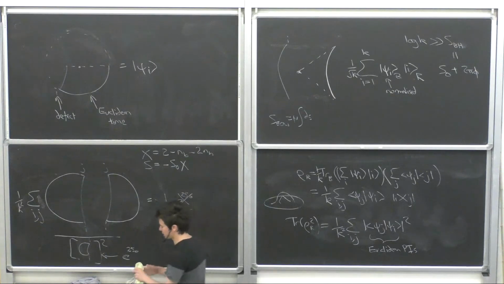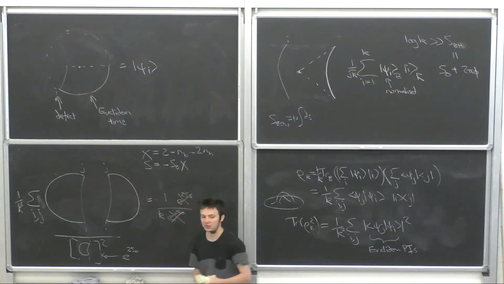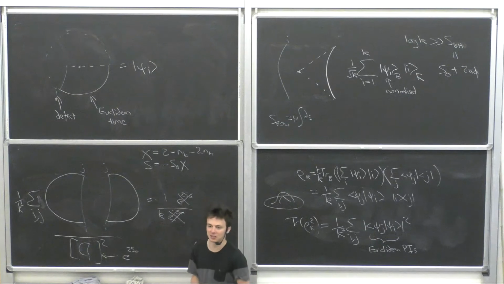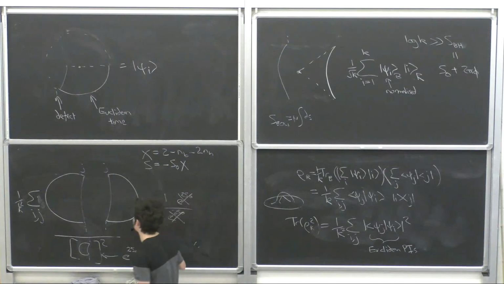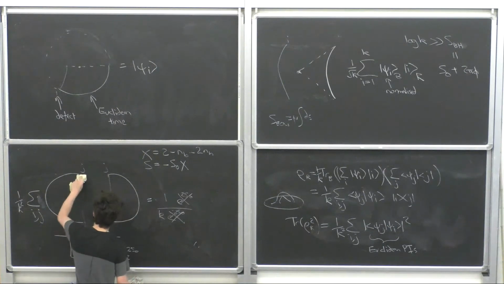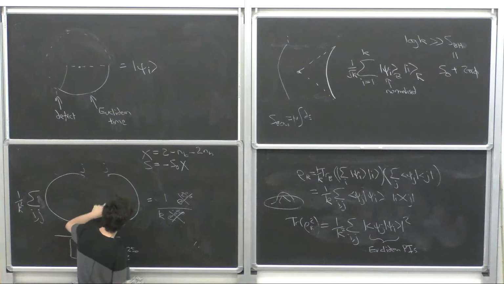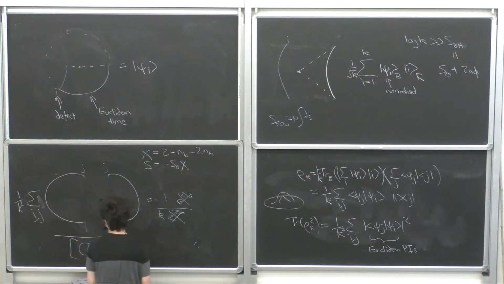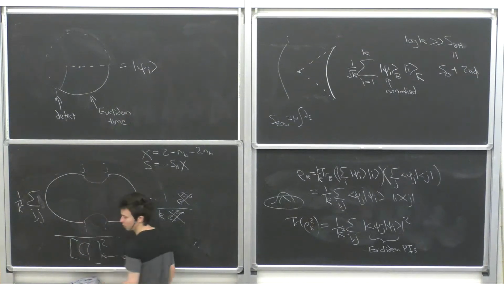And it turns out there's another geometry that is not suppressed by any factors of k, and so can become larger once this thing is sufficiently small. And that's very simple. It's the two black holes connected together by a wormhole. So there's a wormhole, which in this case is just a strip ending on the two end of the world branes.